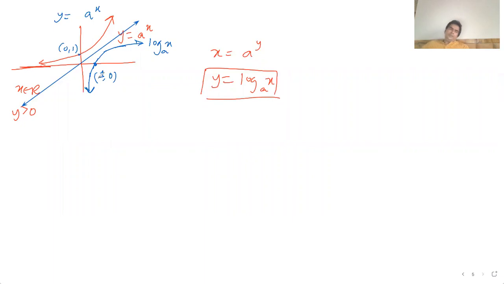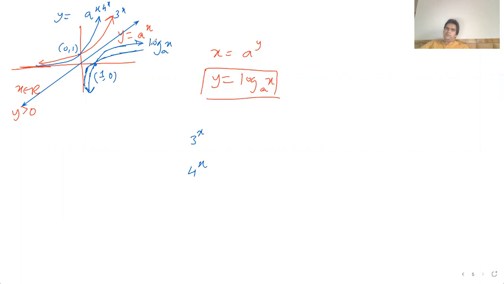Now, sometimes what happens is, if I'm drawing the 3 to the power x and 4 to the power x graphs, this will be the 3 to the power x graph, and this will be 4 to the power x. Same way, the log graphs slide a bit down here, but still cut at (1, 0).